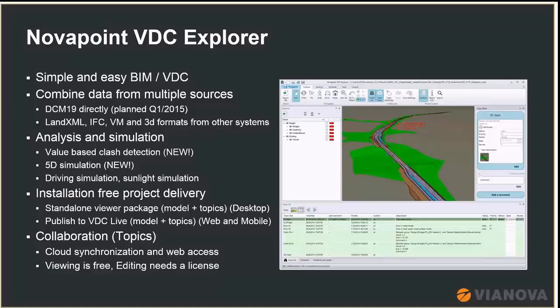Or you can publish your model to VDC Live, and then all that information is also openly available through the internet, so you can use it for public presentation quite easily. We also have topics in the system, so you can add topics and attributes to classify them. These topics are also synchronized to the cloud and accessible with the web browser.